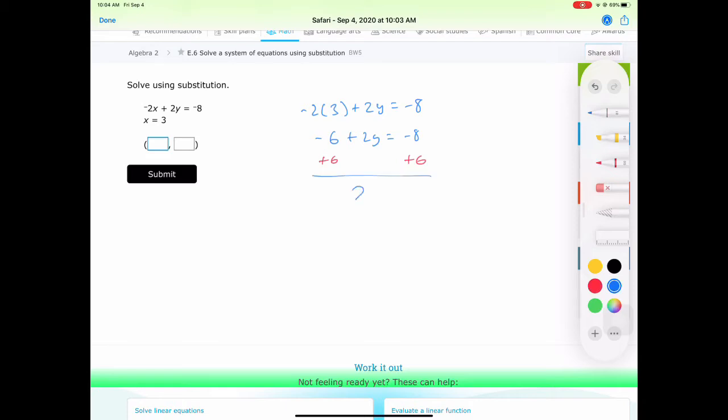And we're left with 2y is equal to -2. So remember, a positive 6 and -8, we have more negatives, so we're going to be left with -2. Then we can divide both sides by 2. Y is equal to -1. So to state this in the correct way, the solution for the system is when x is 3, y is going to be -1.